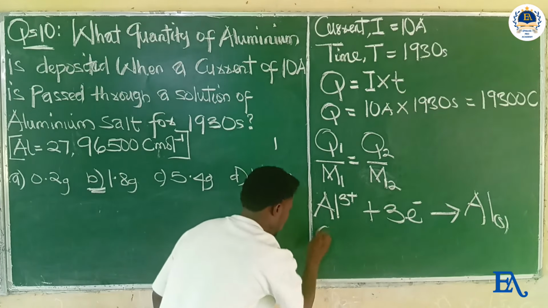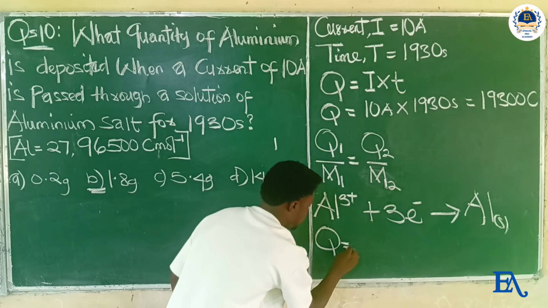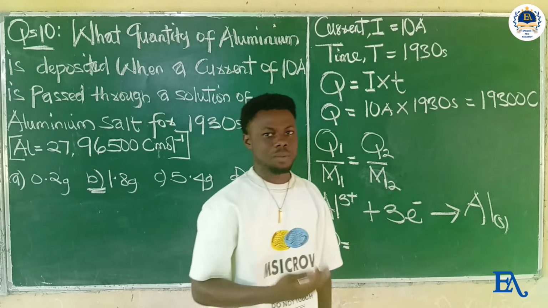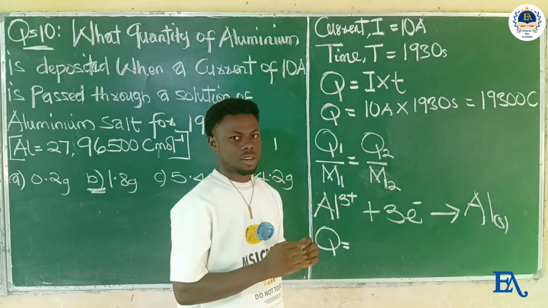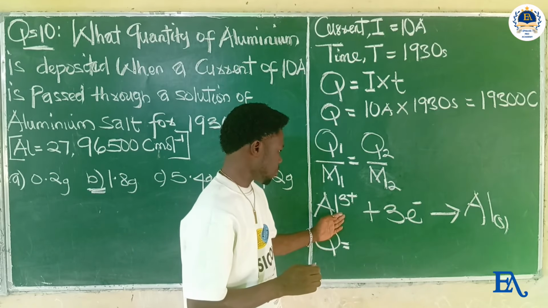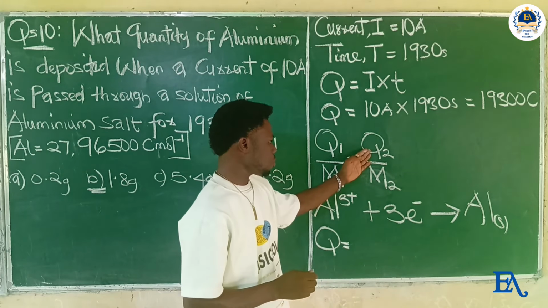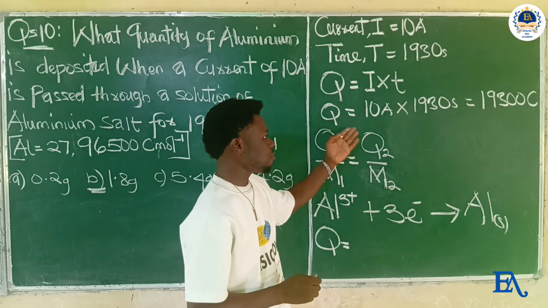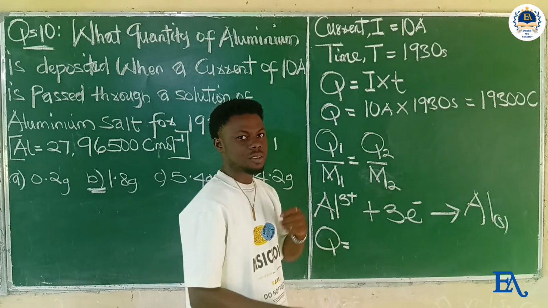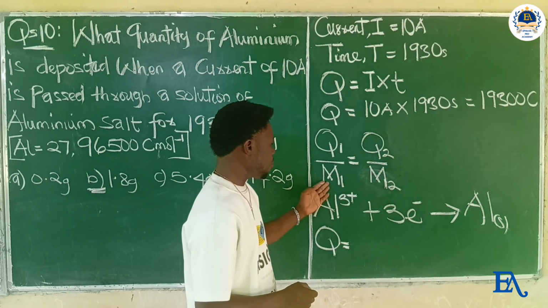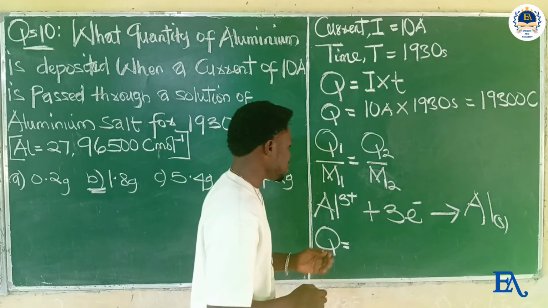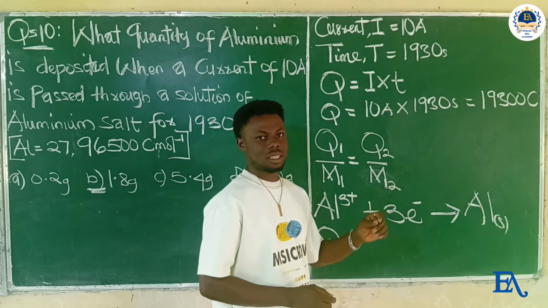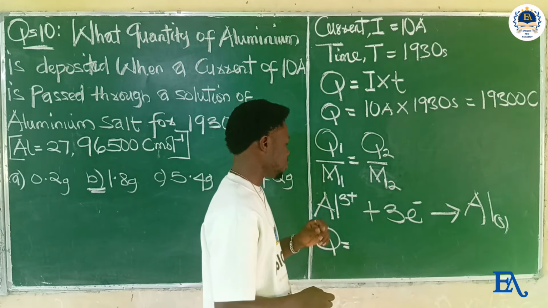So Q1, now take note of these parameters. Q1 is the quantity of electricity from the ionic equation given, whereas Q2 is the quantity of electricity given from the question. M1 is the atomic mass of the element present, whereas M2 is the expected mass of the element from the question.